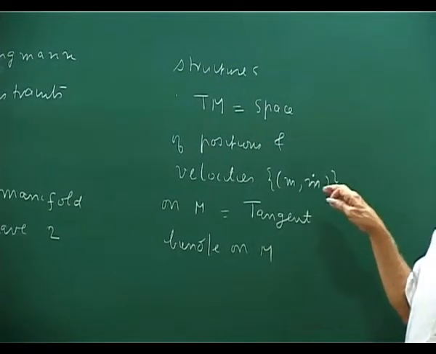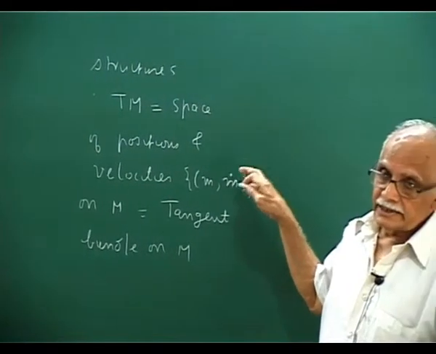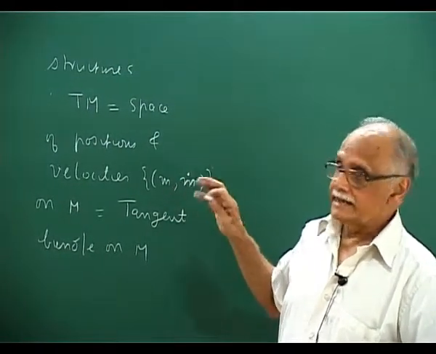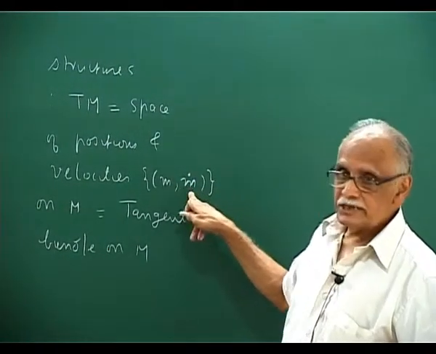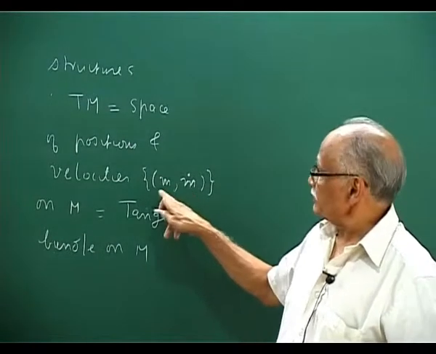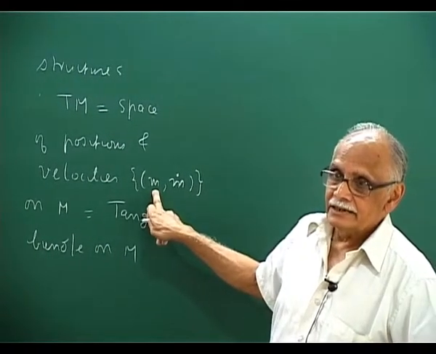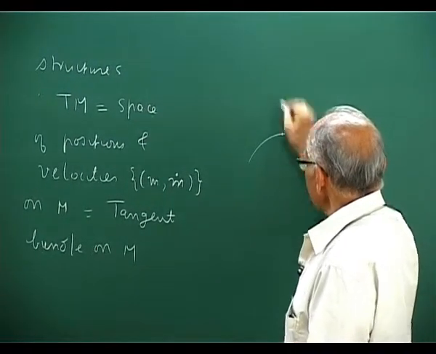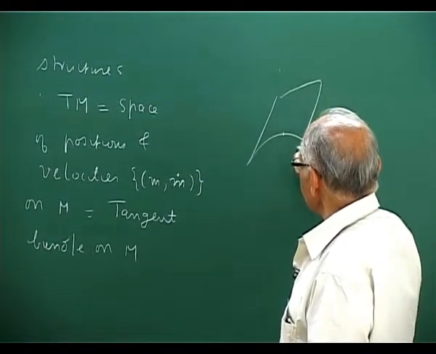Here it is a bundle, but not a principal bundle. That is, if you give me two of these points, I can naturally project it to M. At each point of M, you have a whole vector space sitting there.